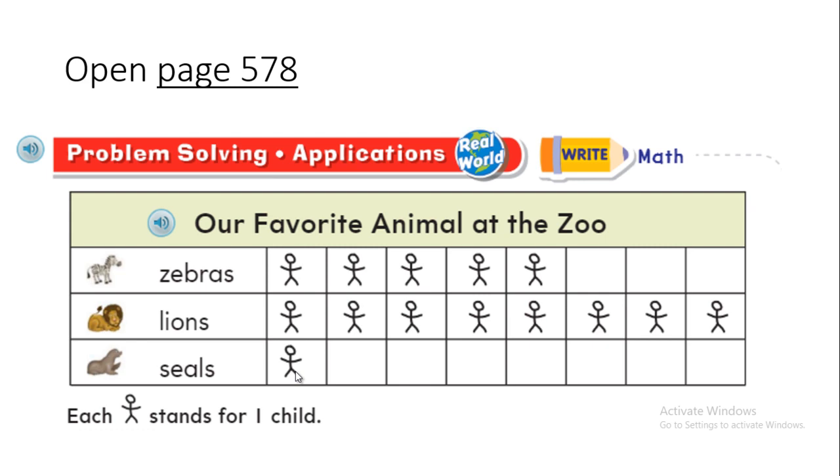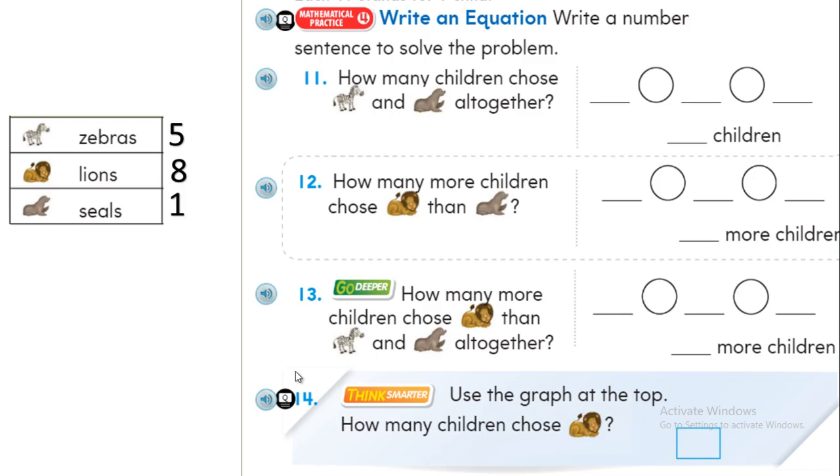So if we wanted to use a number sentence, what are the numbers that we're going to use? And which operation we have to choose? Here, I put for you a small box with the numbers of the children who chose zebras, lions, and seals. So we don't have to go back anymore.